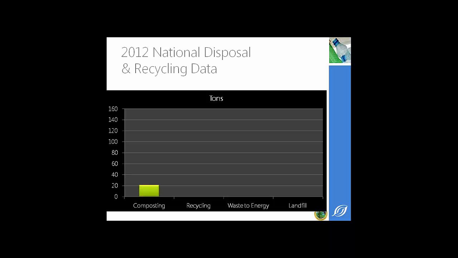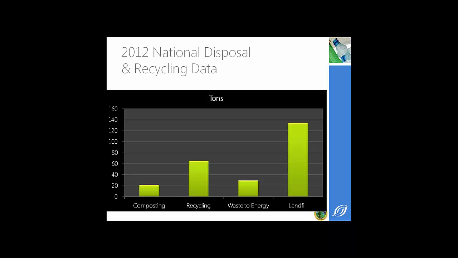About 21 million tons is composted each year, and 65 million tons is recycled. Then we have another 29 million going to incineration and about 134 million tons going to landfill. So that just gives you an idea of the distribution of generated materials.